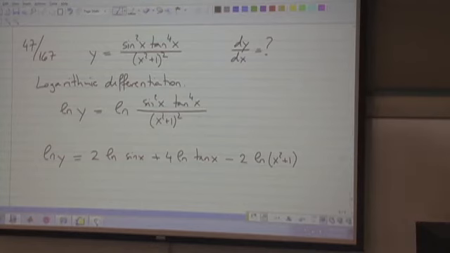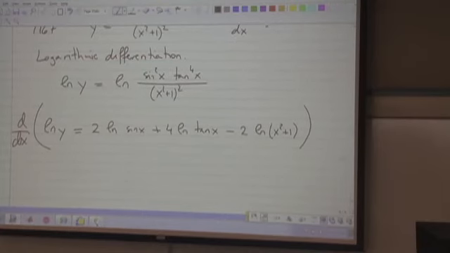Now, one of your favorite topics: implicit differentiation. What happens if I take derivatives with respect to x on both sides? What do I get on the left-hand side? 1 over y times dy dx equals, what's the derivative of ln of sine of x?